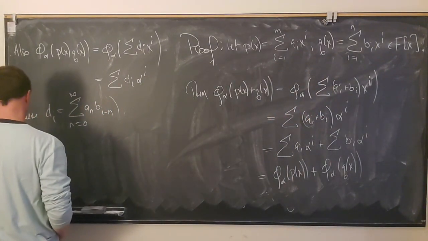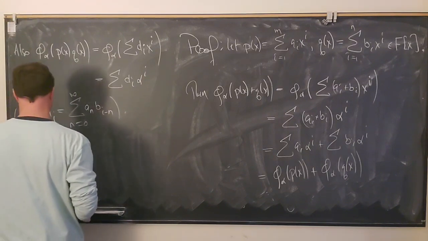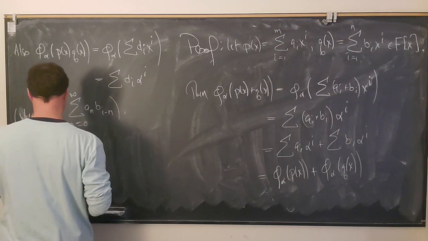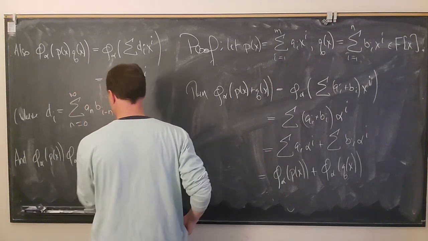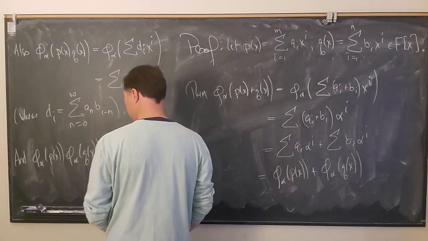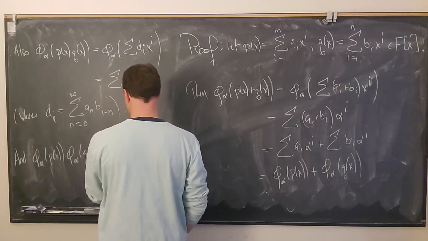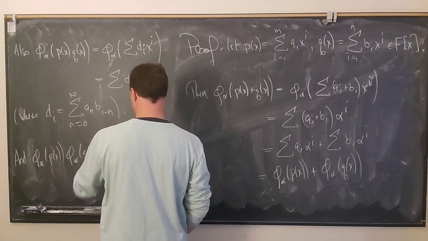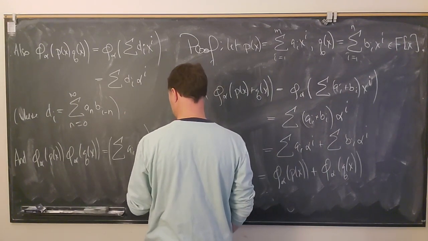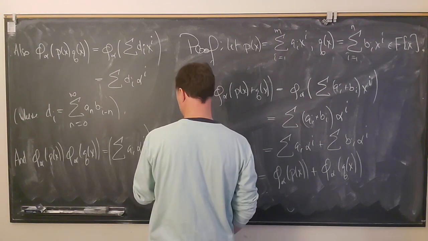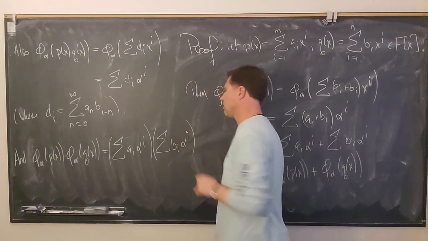Phi sub alpha of p of x is going to be sum a_i alpha^i, and phi sub alpha of q of x is going to be sum b_i alpha^i.